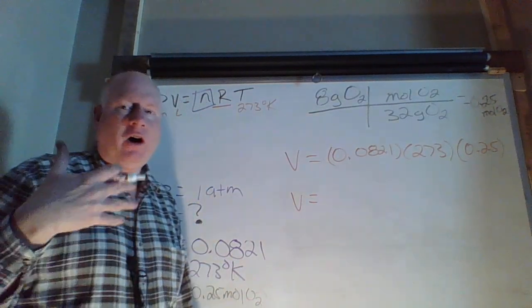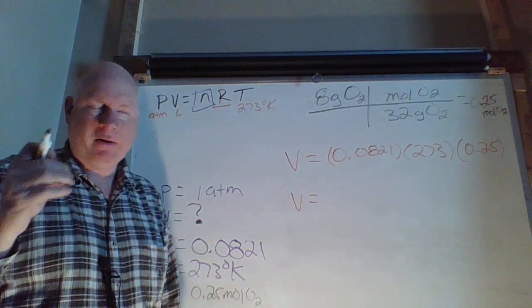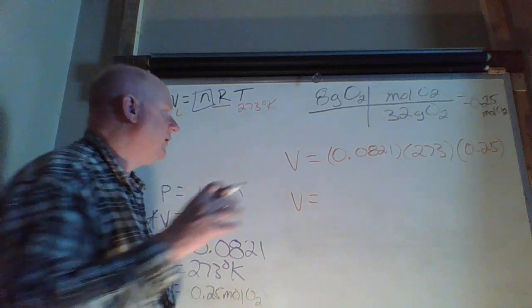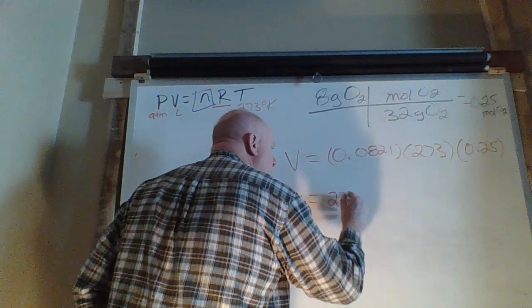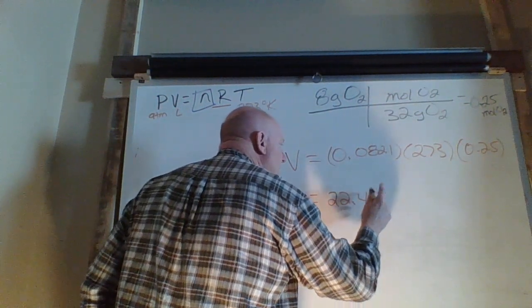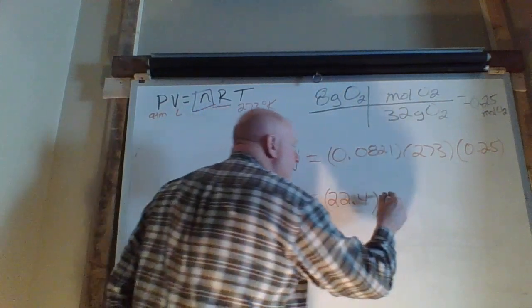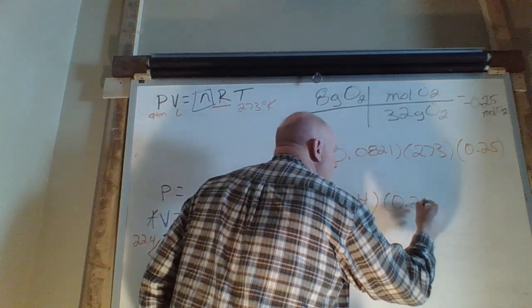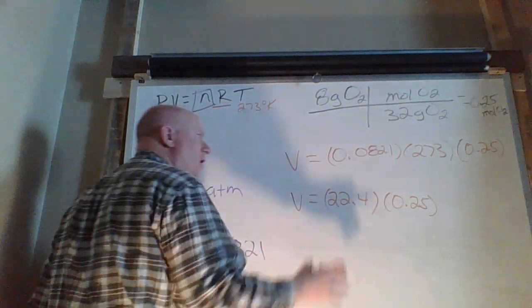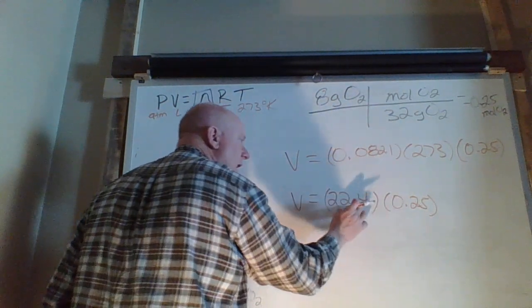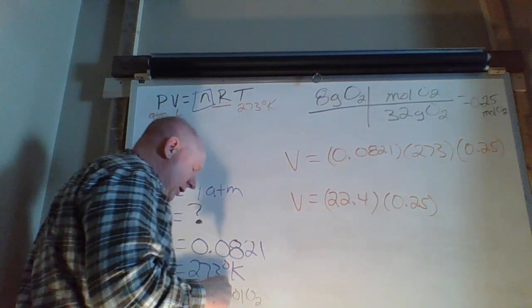Now, it's not always the case that you can do this, and maybe it's a good idea not to get used to this, but you can say 22.4 times 0.25, okay? You're getting the same thing. All you're doing is you're multiplying these, you're getting that constant of 22.4 back again.